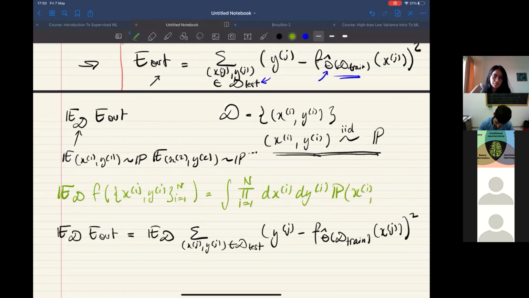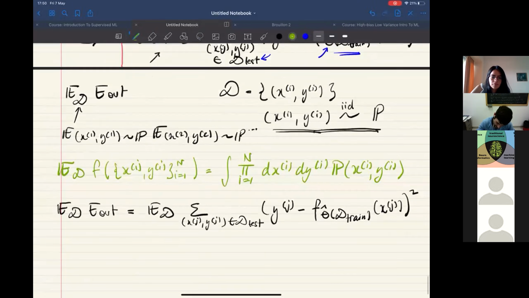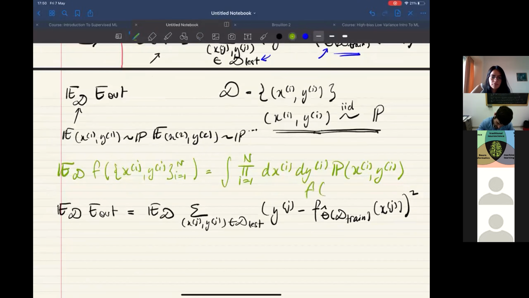This is the joint distribution of xi, yi, of my function that depends on all the xi's, yi's. Concretely, this means that. Okay, good.